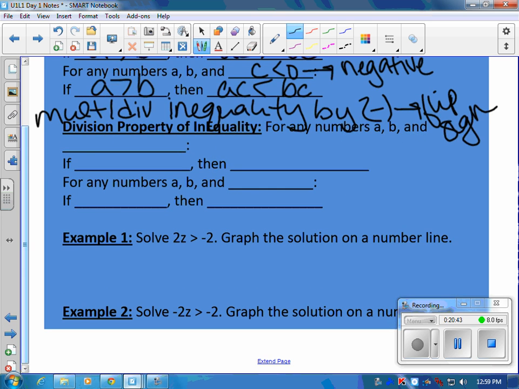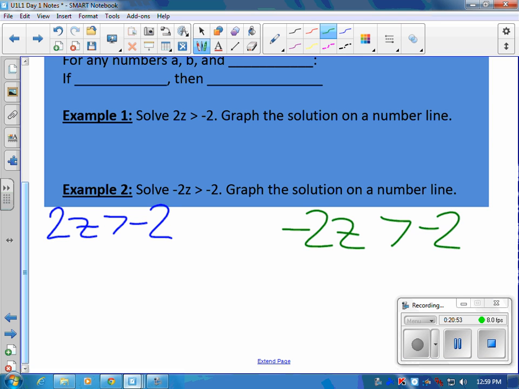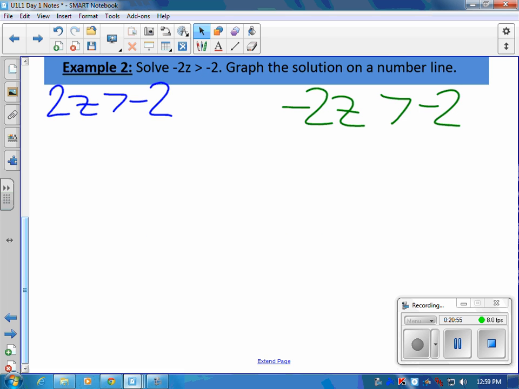Let's look at a couple of examples. Let's look at this first example. I have 2z is greater than negative 2. Steph, what do I need to do to solve this inequality?